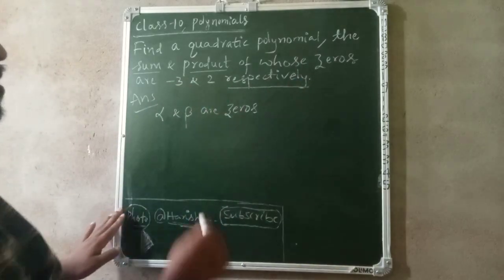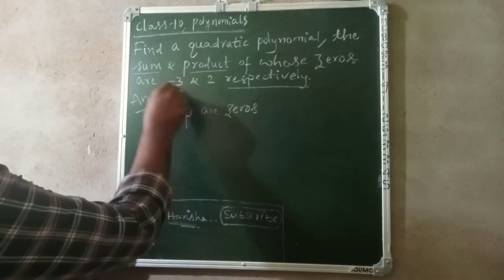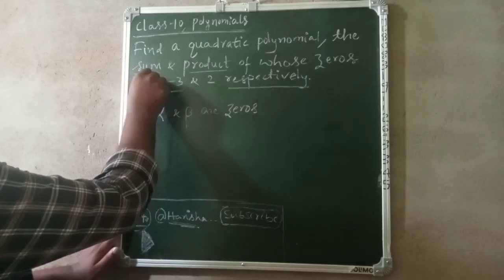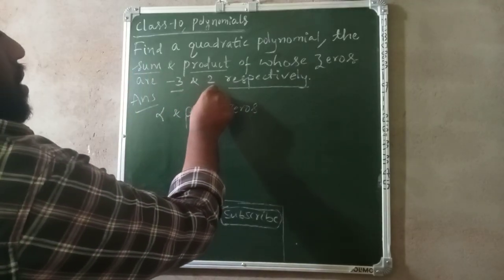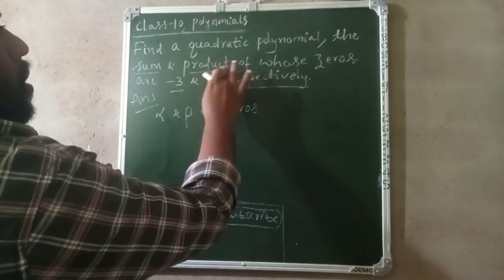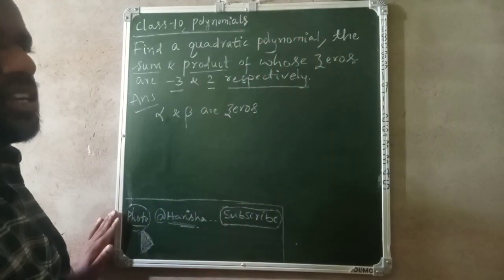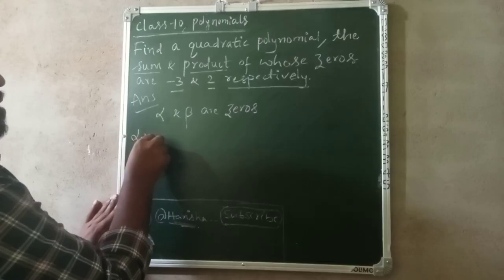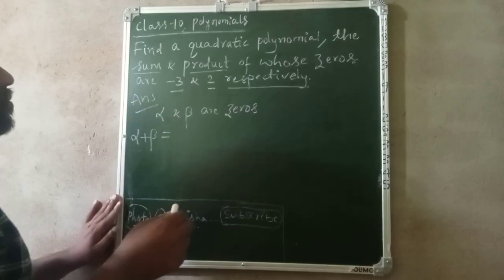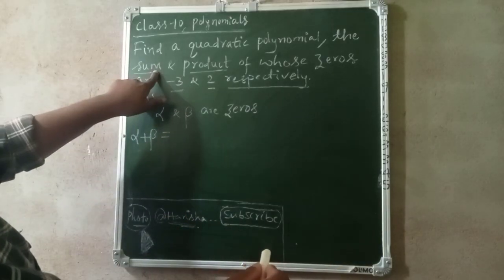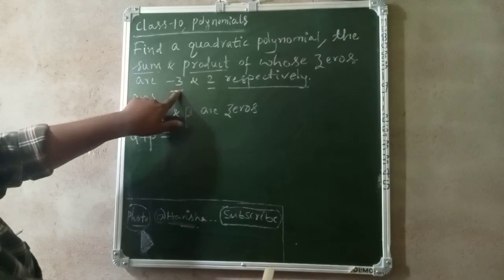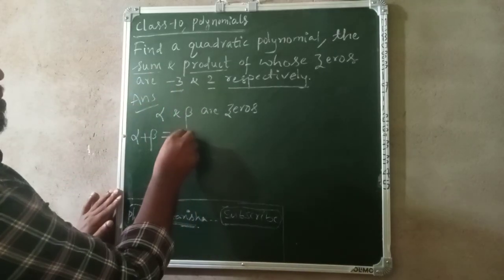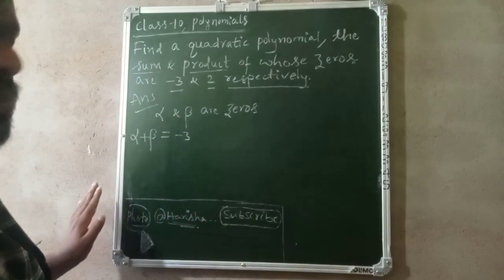Respectively means the first number, -3, is the sum of zeros, and the second number is the product of zeros. Sum of zeros means alpha plus beta. The first number is the sum of zeros, so alpha plus beta is equal to -3.